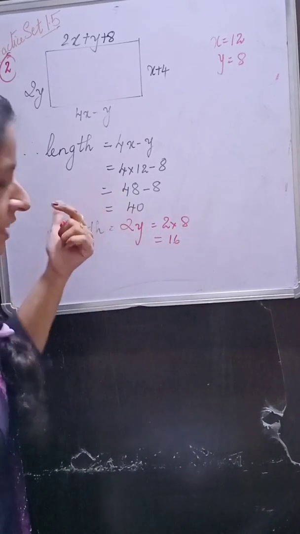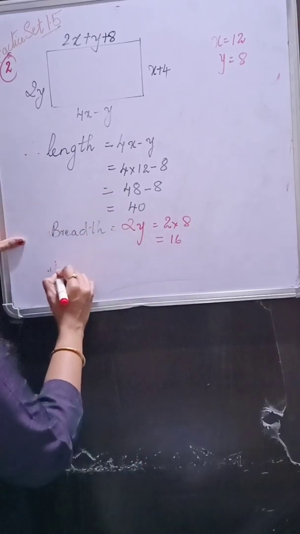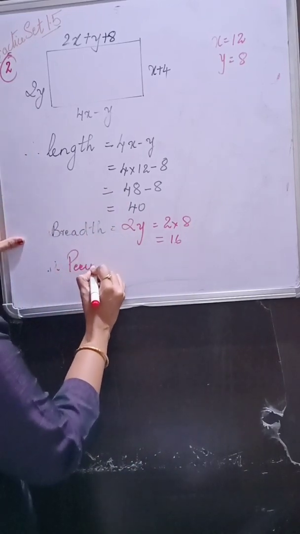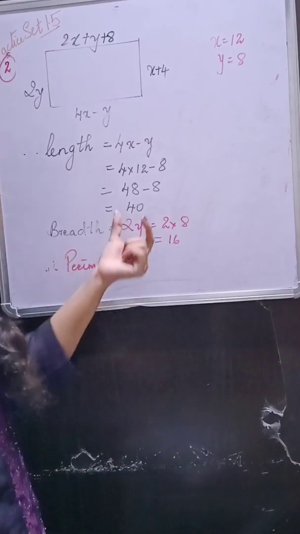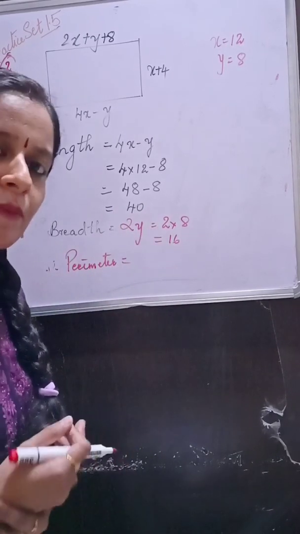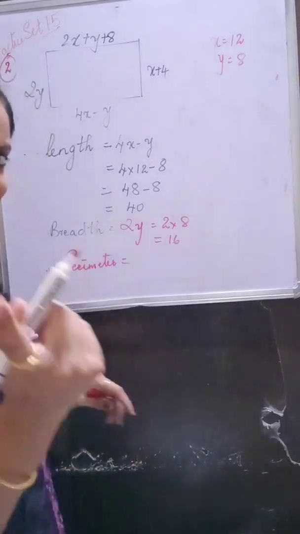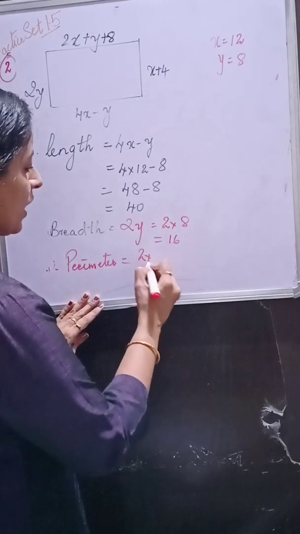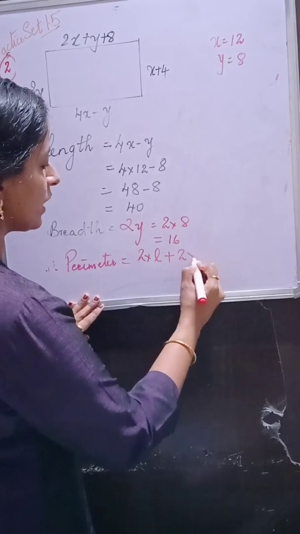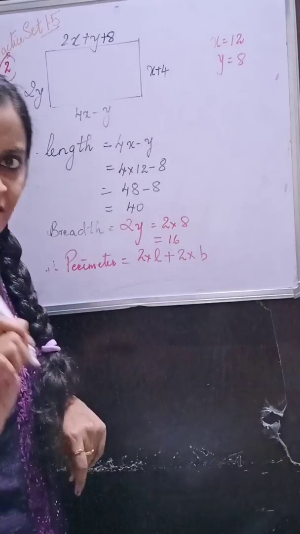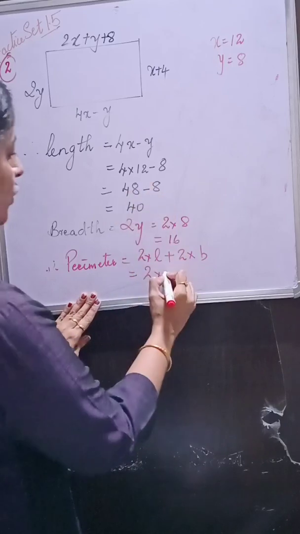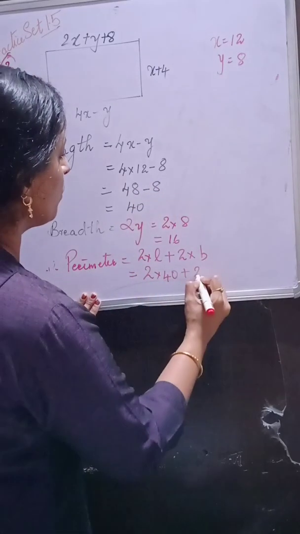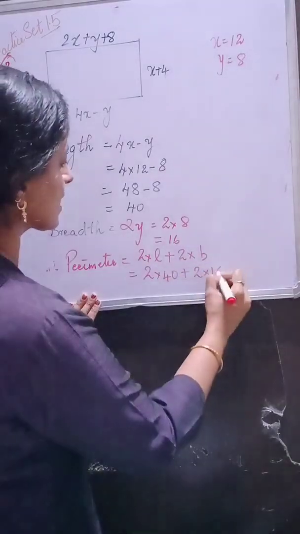So I have length, I have breadth. Therefore perimeter is equal to, what is the formula? If you have length and breadth, what is the formula for perimeter of a rectangle? Yes, 2 into length plus 2 into breadth. Remember, no? So 2 into length, we got 40, plus 2 into breadth, we got 16.